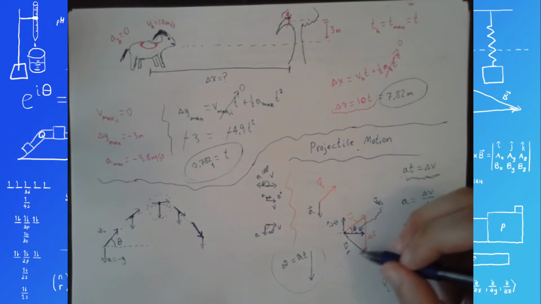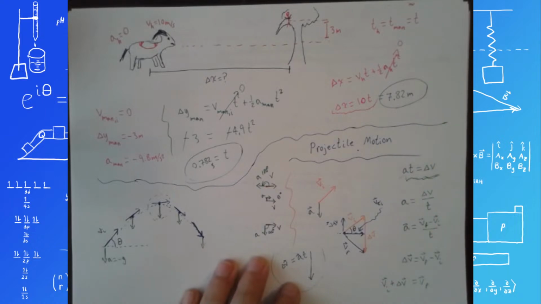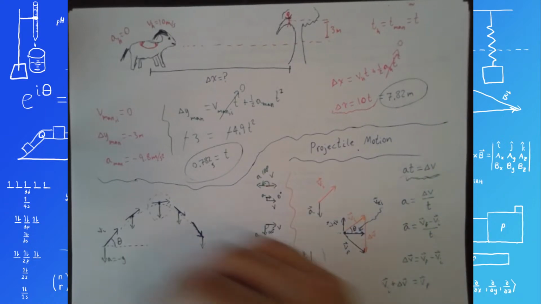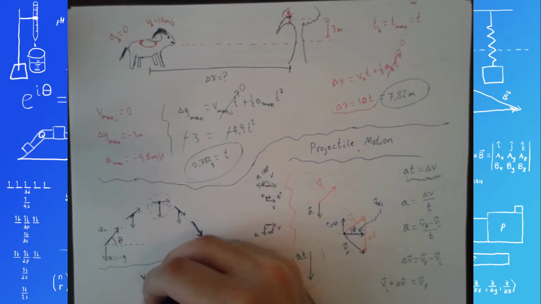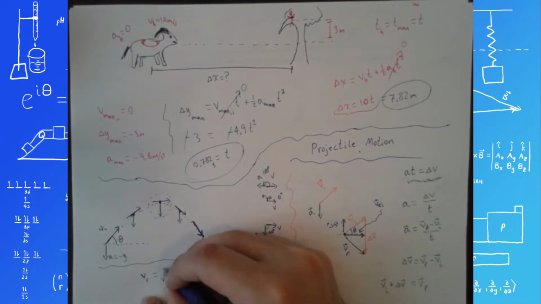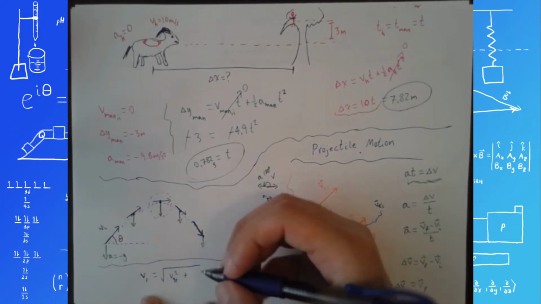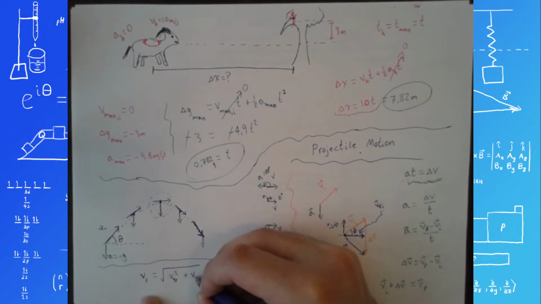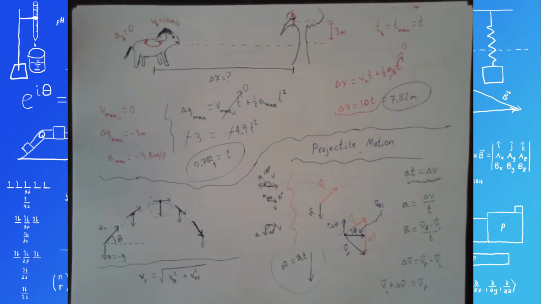Okay, so how does that affect this final velocity's magnitude? Well, the magnitude of the final velocity is just going to be, if we do the Pythagorean theorem, the square root of the y component of the final velocity squared plus the x component squared. I probably should have written the x component first, because that's how we usually write it: x's before y's before z's.